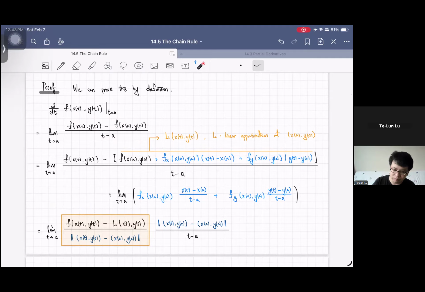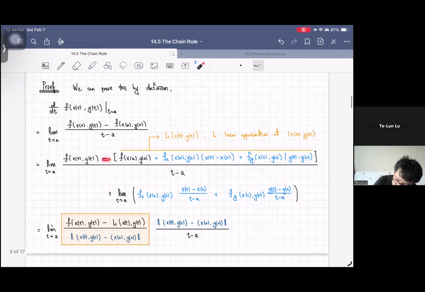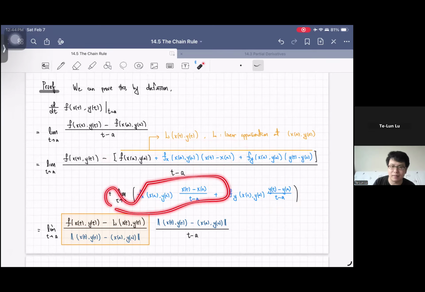Because f is differentiable, I add these two terms, this blue one and this blue one, and I obviously have to divide, because I'm subtracting these two terms here, right? So I'm adding them back, with a limit at the end. You see that I subtract this term divided by t minus a, so I add this term back divided by t minus a.